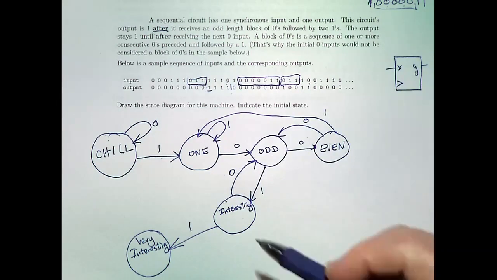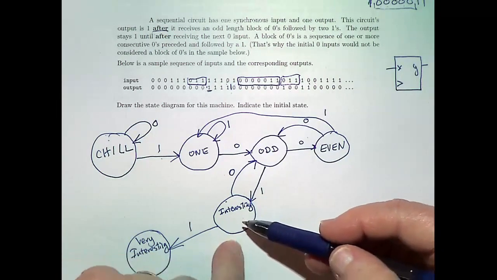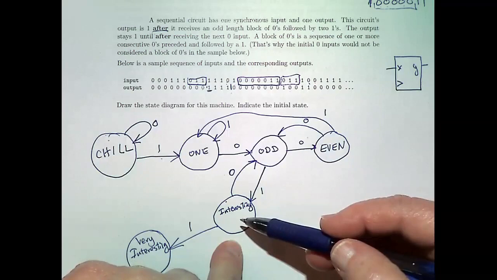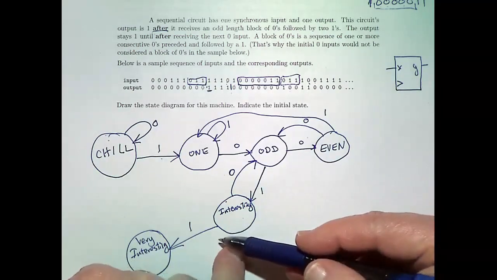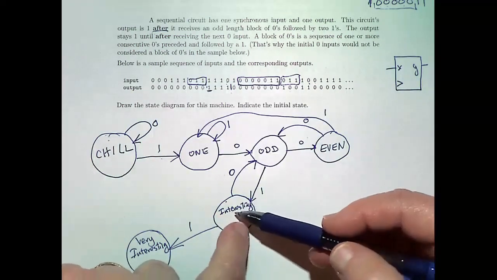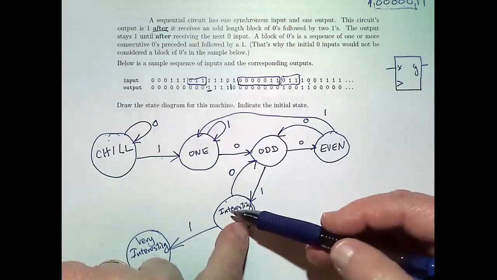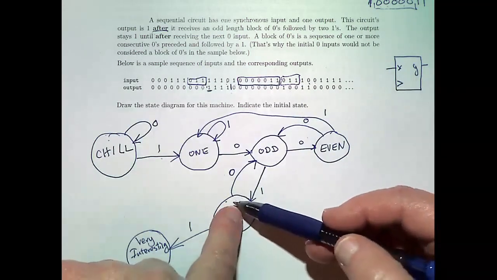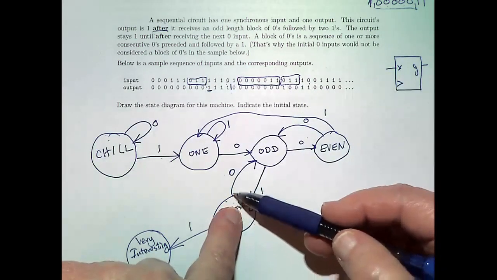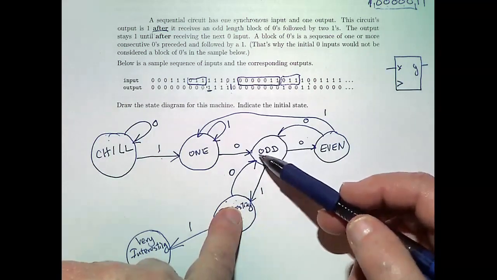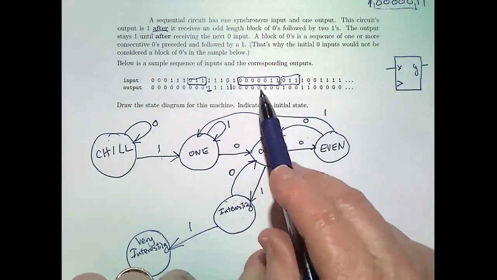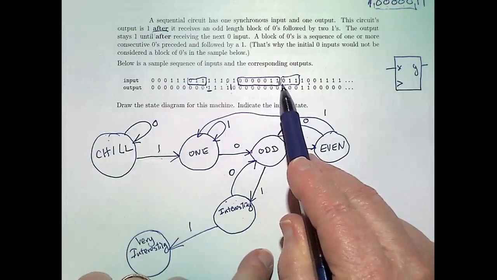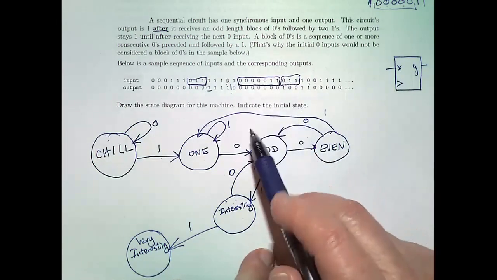Okay, so if we get a 0, then darn it, we didn't see the sequence, right? Because we needed two ones. So we really need to start over, but this 0 could be part of a new block, so we would want to go to odd. We don't go back here, right? Because this is what happened here, right? We got a 0 and then 1. Okay.